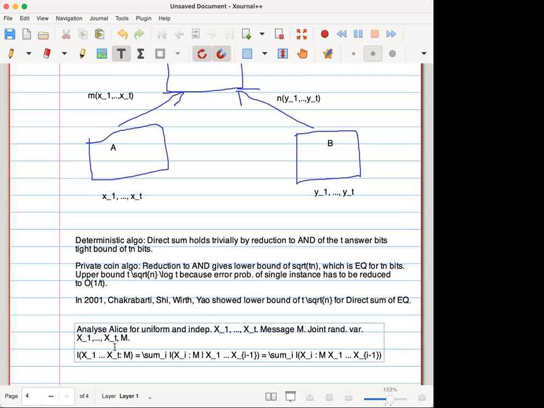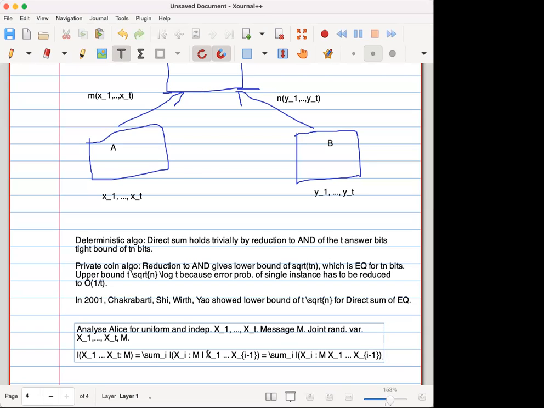The mutual information between xi and the prefix plus M is the mutual information between xi and the prefix, plus the mutual information between xi and M conditioned on the prefix. But the mutual information between xi and the prefix is 0 because the x's are independent. Hence this quantity is equal to the conditional one.